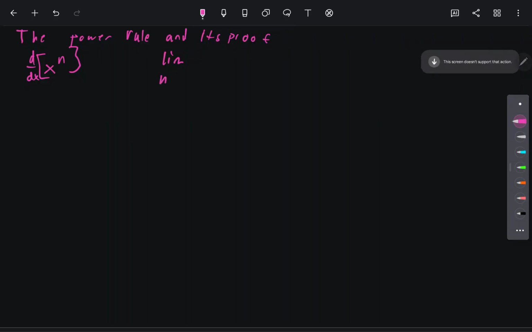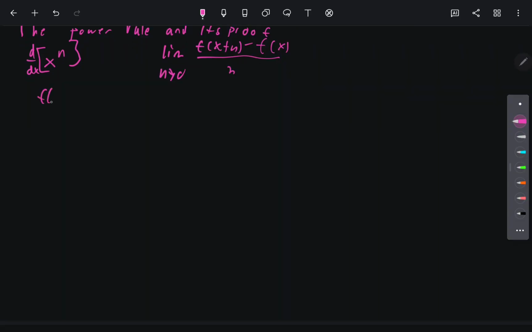The definition of a derivative is the limit as h approaches 0 of f of x plus h minus f of x all over h. Our function f of x is x to the n, so f of x plus h is just x plus h to the power of n, minus f of x, which is x to the n, all over h.